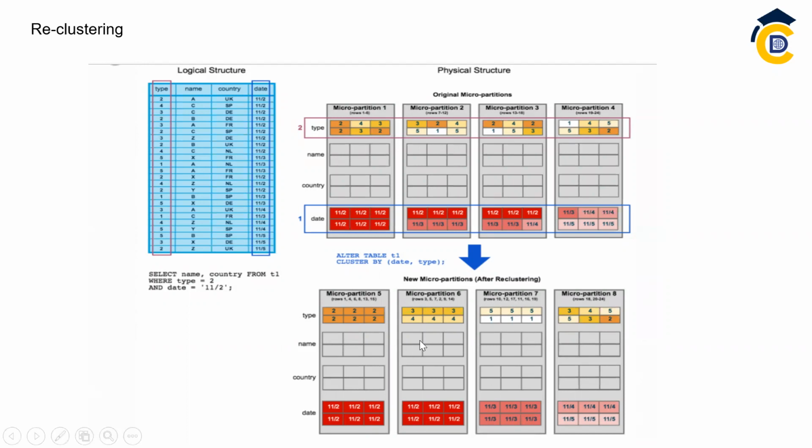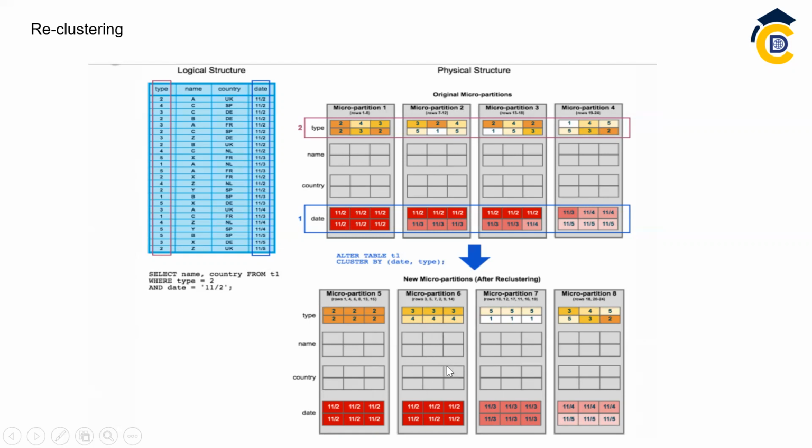Suppose this size was say 20 MB, and you said that 11/2 should be together, 11/3 should be together, and 11/4 should be moved to another separate partition. That's what you meant, right? So say 11/3 has 20 MB of data and the rest is empty, it is just consuming 20 MB.